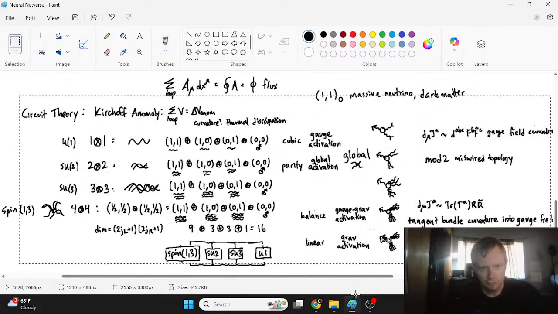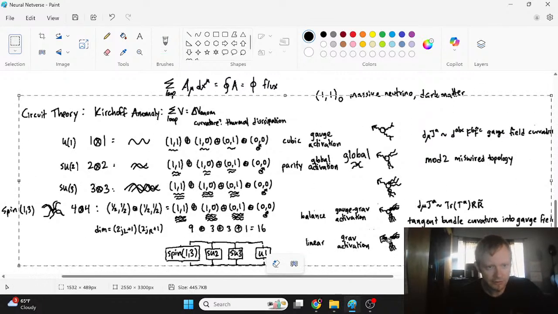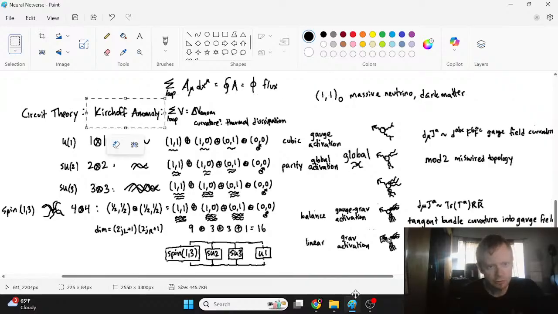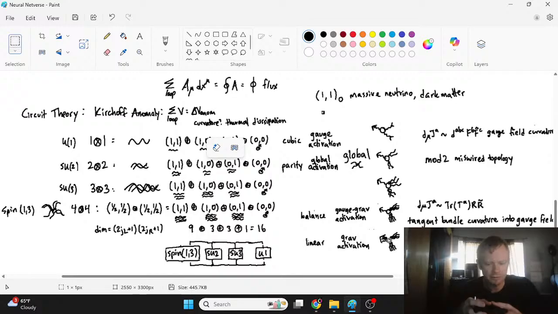All right, so hopefully this is kind of interesting, looking at the neural netverse in the idea of a Kirchhoff loop anomaly. Oh yeah, and let's not forget that usually when we're looking at circuits, if you look at thermal dissipation, I remember there was an equation that links curvature to thermal energy, so it's quite probable, in fact, that all these anomalies just come from curvature that would be causing little mismatches in the wiring that cause this loop to not close to become zero.